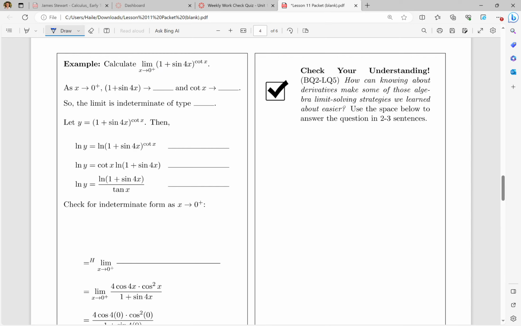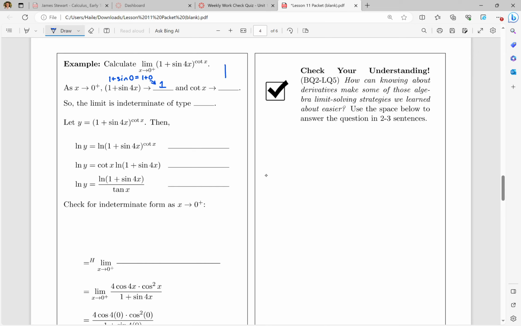Okay, so let's check for our indeterminate form to begin with. So as x approaches 0 from the right, 1 plus sine of 4x gives us 1 plus sine of 0, which is just 1. Sine of 0 is 0, so we have 1 plus 0, and that gives us 1. Cotangent of x. Now this one's kind of tricky.